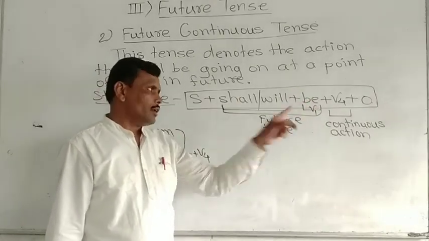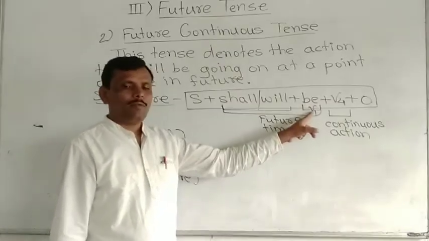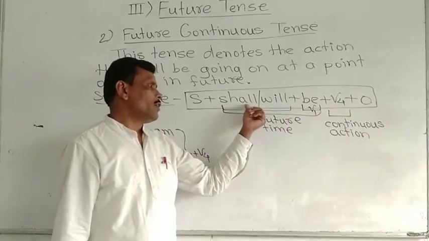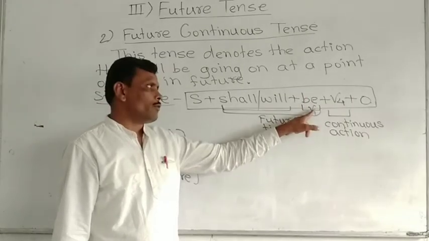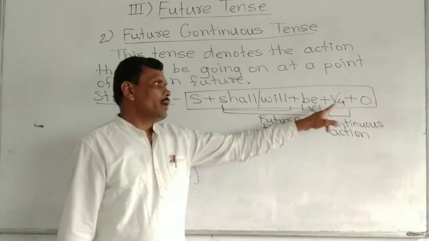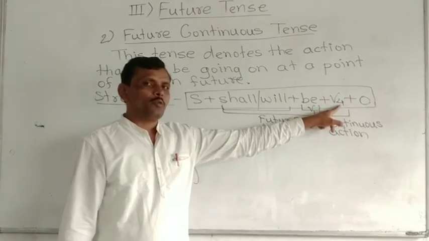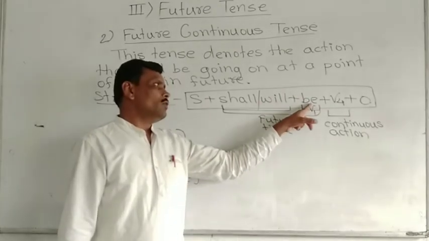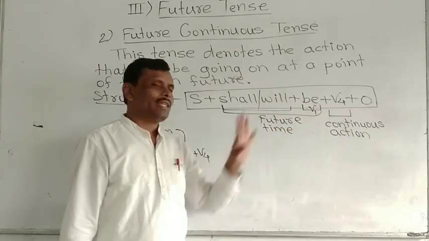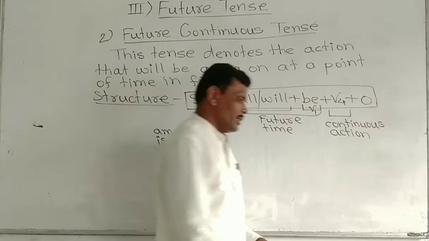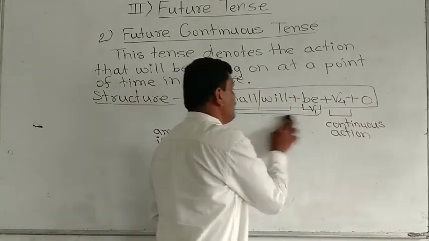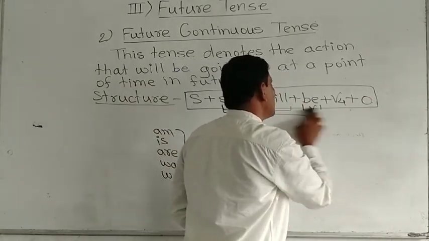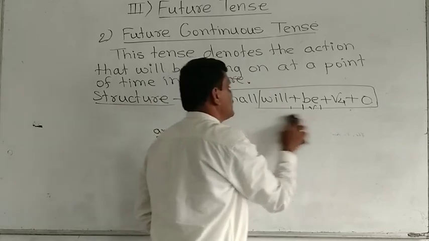Okay, and here be is the V1 that is placed, because after shall or will we have to use V1, and before V4 we have to place the form of be, and only be is the V1 that is placed here. Right? Correct? Now see, we have to discuss the examples of this tense.